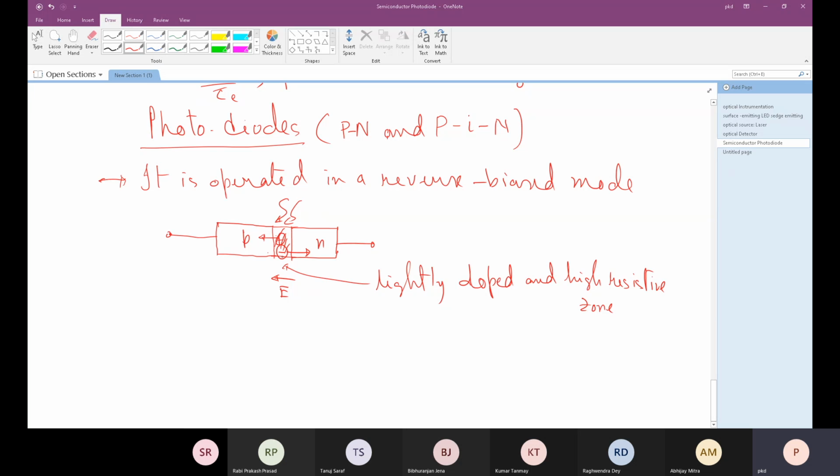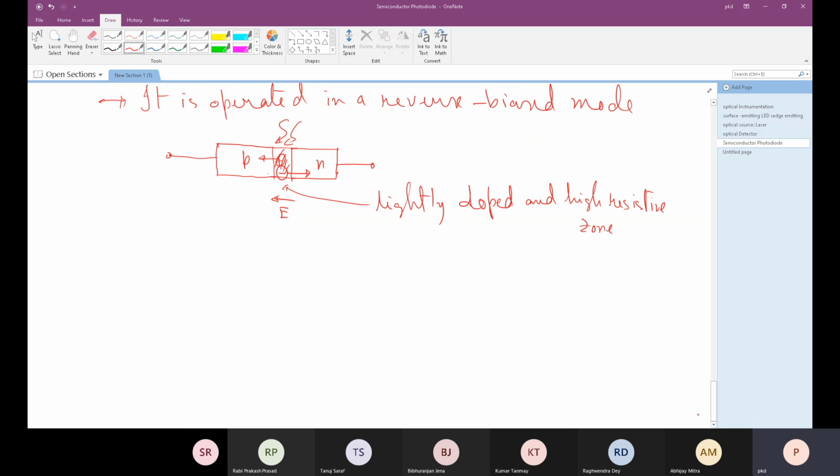So this will reduce the probability of recombination, because similar type of carriers are being carried through the similarly charged zone, that is, electrons are carried through the n-type zone and holes are carried through the p-type zone. So therefore this will give rise to collection of these carriers in a faster and non-recombinative fashion.